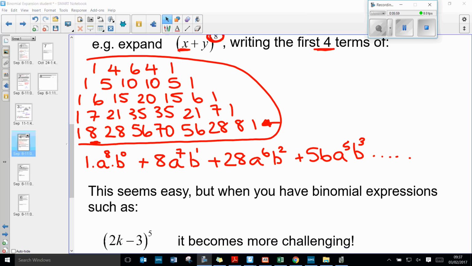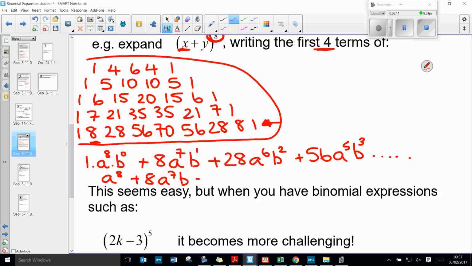So, just to make it a little bit neater, for our first term the 1 and the b^0 would just be a^8, and then 8a^7b, 28a^6b^2, 56a^5b^3.